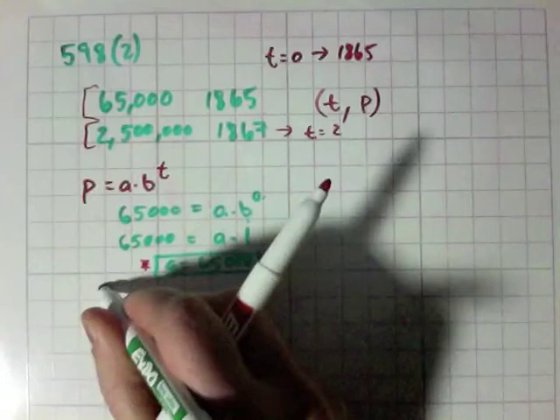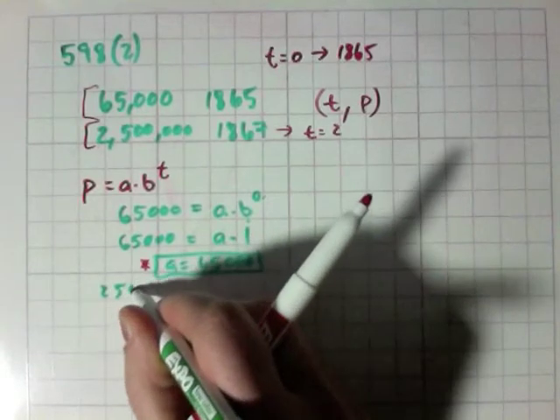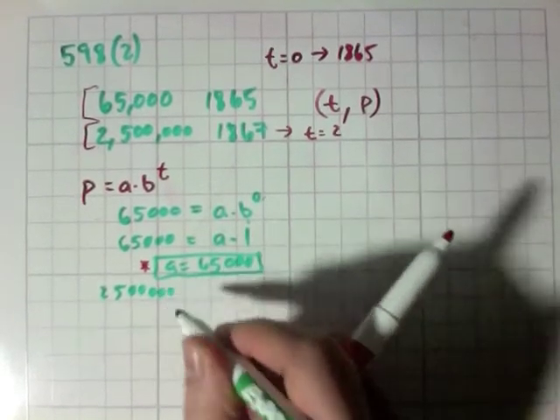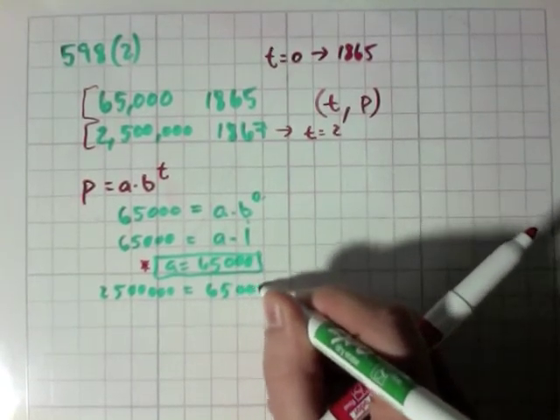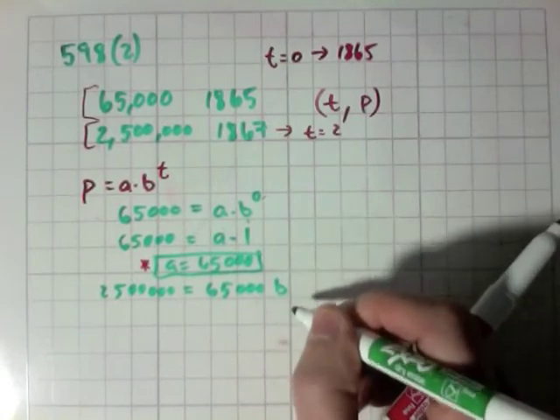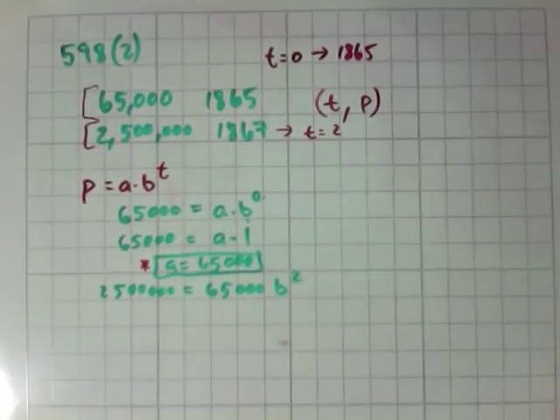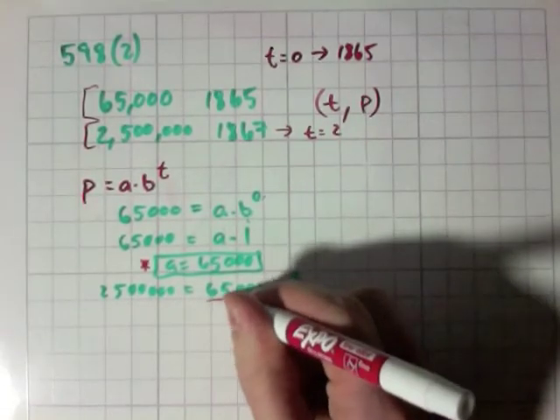So here we go. We've got 2,500,000 equals 65,000 times b, still unknown to us, squared. So if I want to solve this equation for b, I could divide both sides by 65,000.